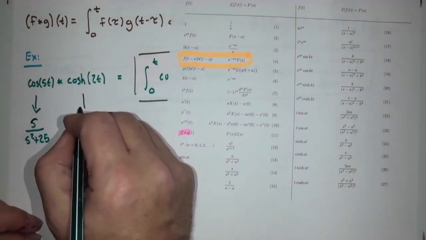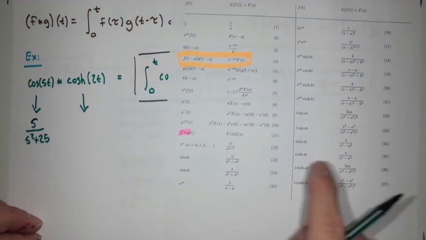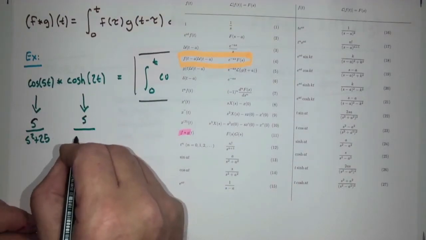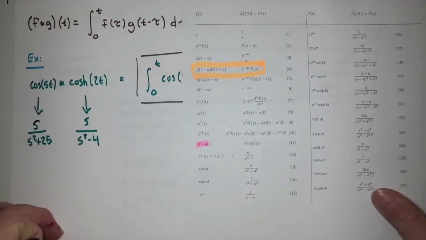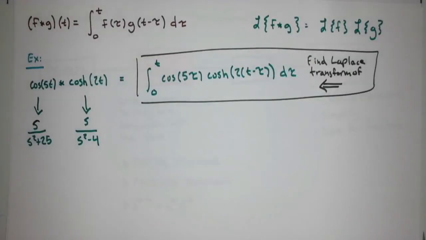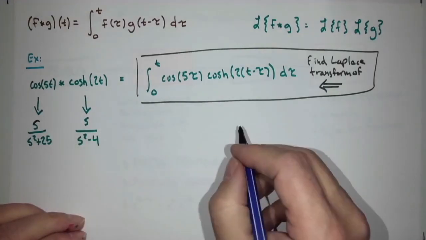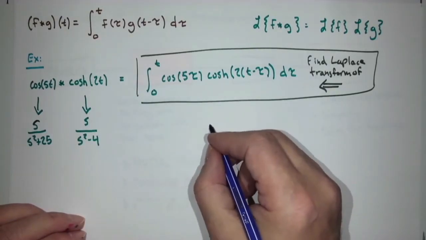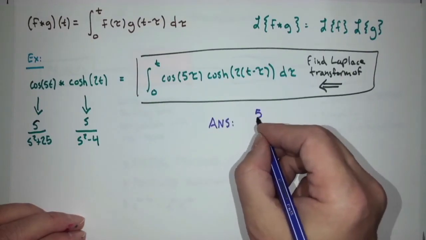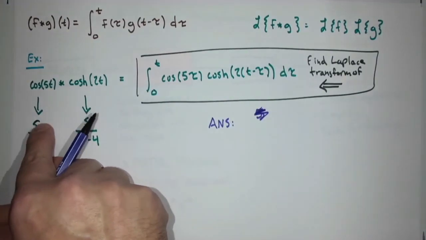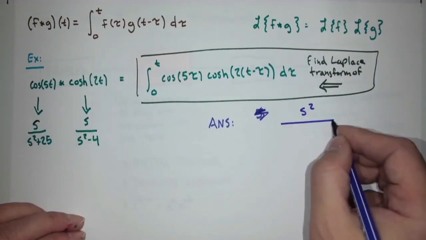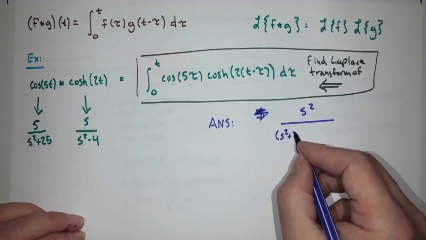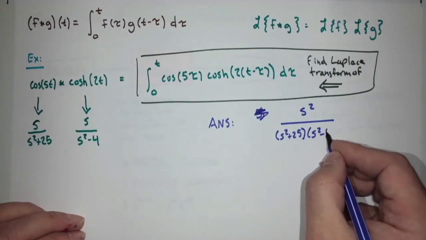So cosh would map to s over s squared minus a squared, so s squared minus 4. So, given what you know, what's the answer to this question? It's these two multiplied together. So the Laplace transform of this, our answer is, whoops, even after I said 5's and s's shouldn't be mixed together, s squared over s squared plus 25 times s squared minus 4.